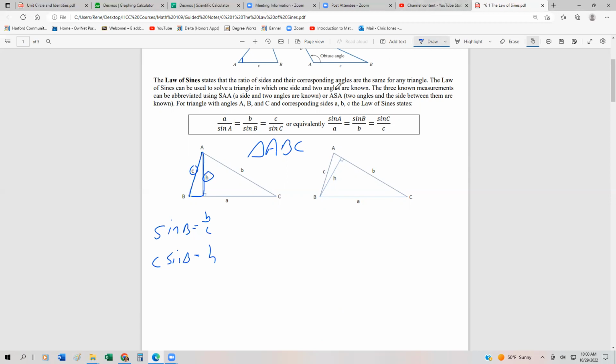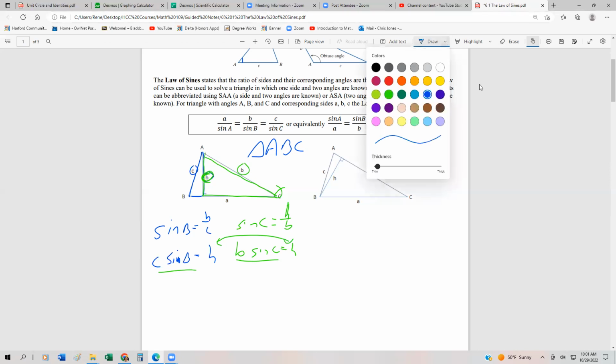Now let's do the same thing with C. Let me take a look at this triangle. If I look at angle C, the sine of C would be the opposite, which is H, divided by the hypotenuse, which is B. Or we could multiply both sides by B, and we would get that B sine of C is equal to H. Notice that since these are both equal to H, we can set these two expressions equal to one another.